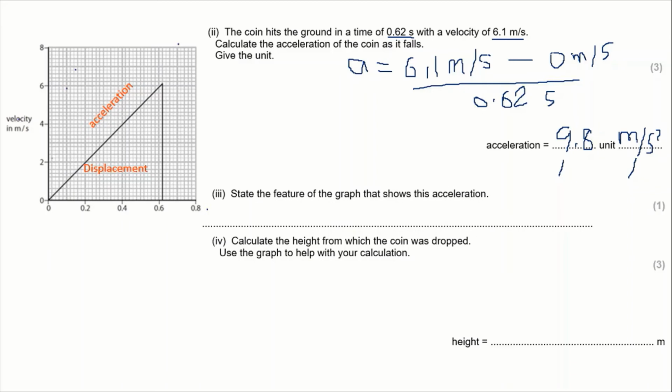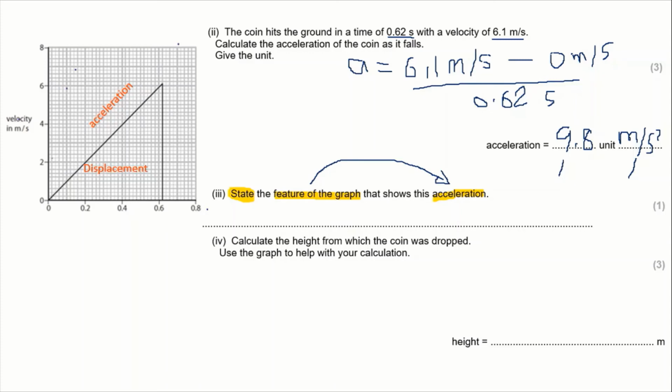And then the third question is to state the feature of the graph that shows the acceleration. So what is the keyword here? State is the command word, or the action word. The keywords are the feature of the graph that shows the acceleration.